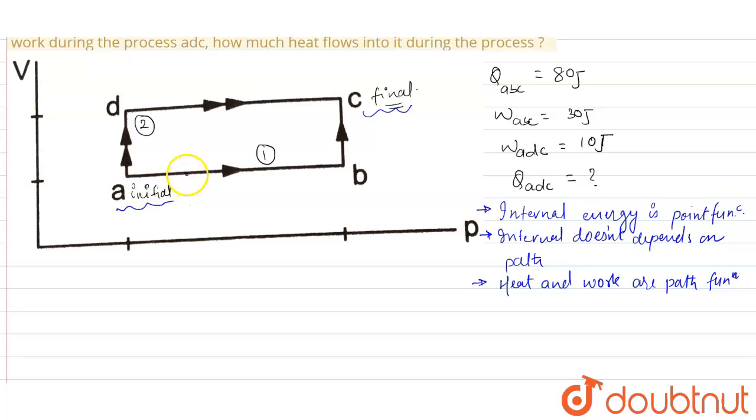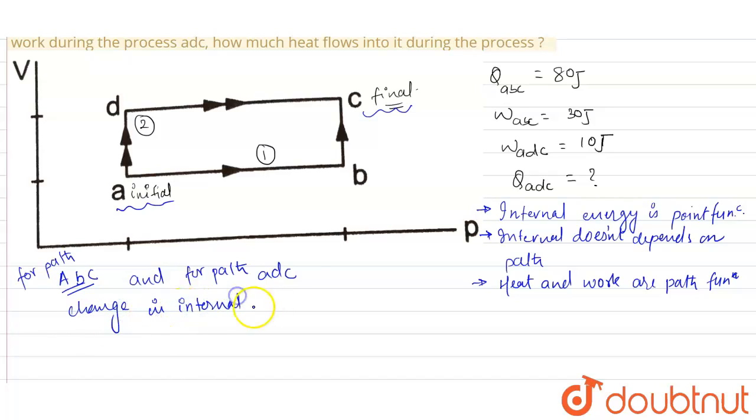So for path ABC and for path ADC, the change in the internal energy will be equal. Correct. So we will use this concept.